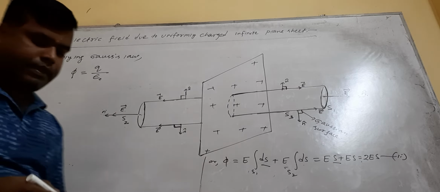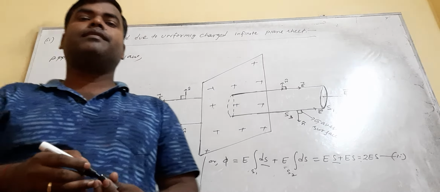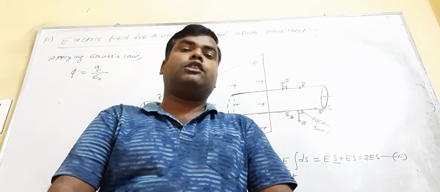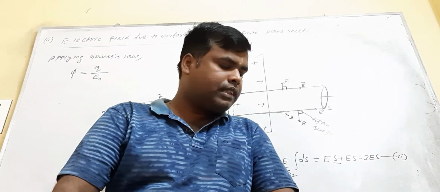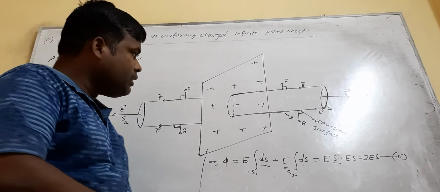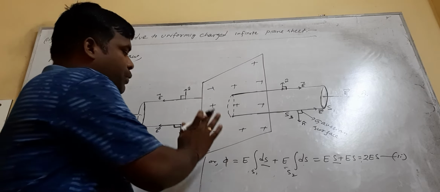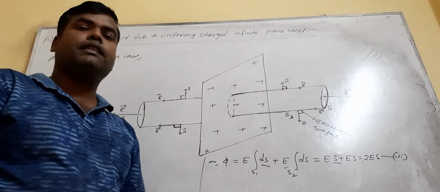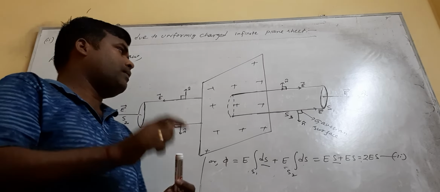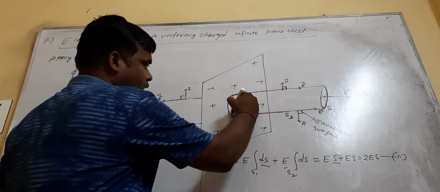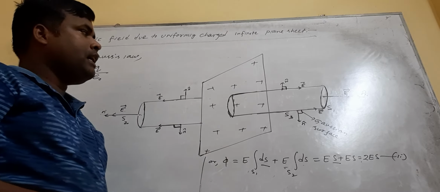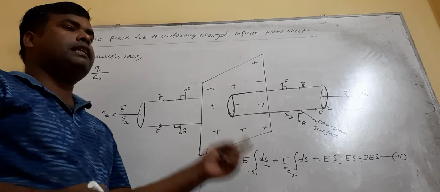Here, what is Q? Q you know, that is the charge enclosed by the Gaussian surface. So you see, if the cylinder is the Gaussian surface, you see first what is the portion of this plane sheet enclosed within this Gaussian surface. You see, this is the portion of this plane sheet cut by the Gaussian surface.